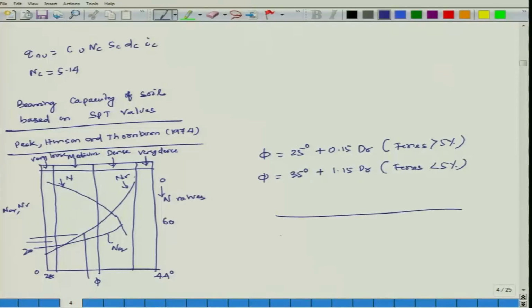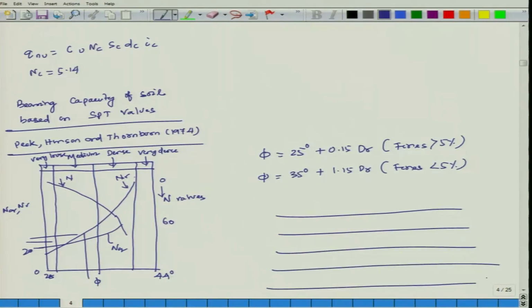It always happens in the field that every 2 meter or 1.5 meter interval the subsoil profile is changing. It may be 0 to 5 meter and 5 to 10 meter another subsoil profile. If there is a layered soil, how do you calculate bearing capacity?